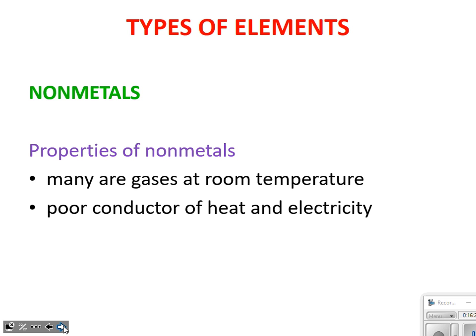Nonmetals are very poor conductors of both heat and electricity. They have a dull appearance. They are brittle.